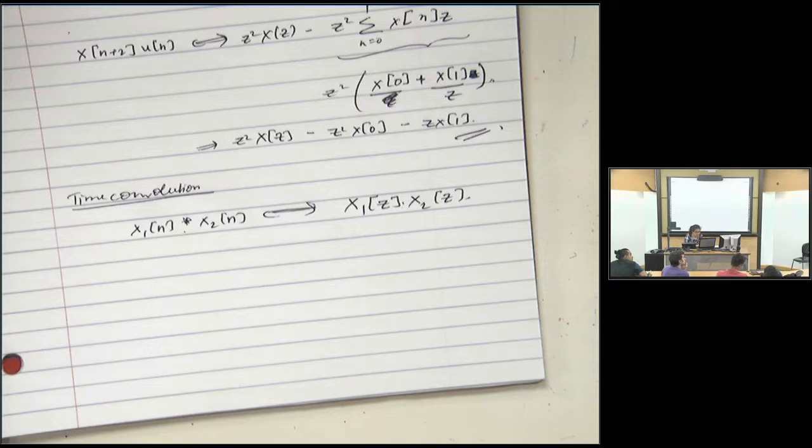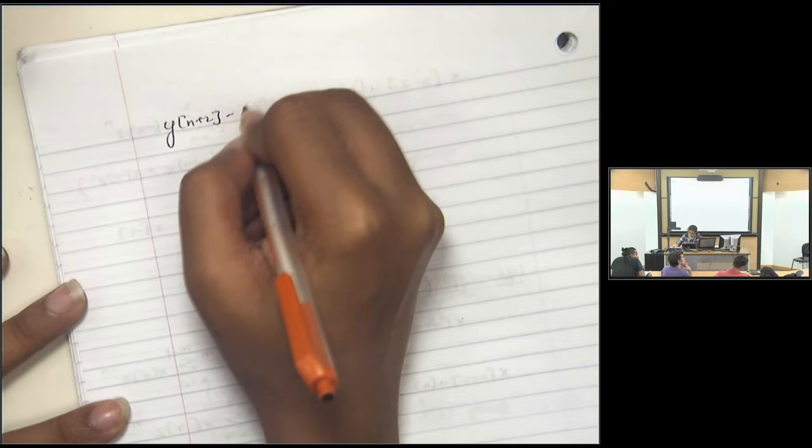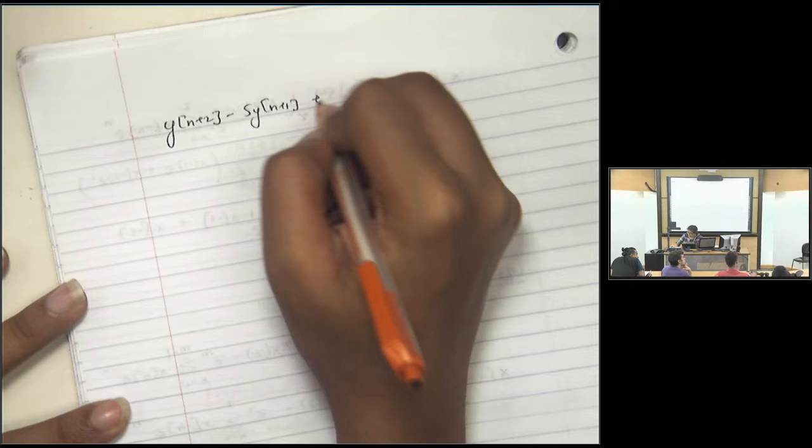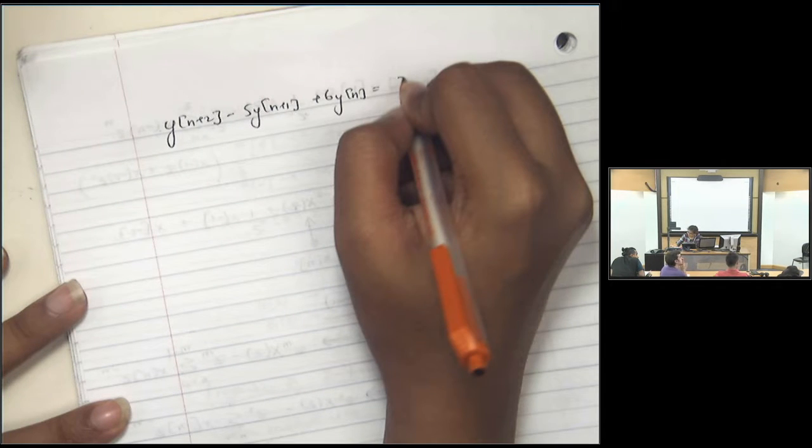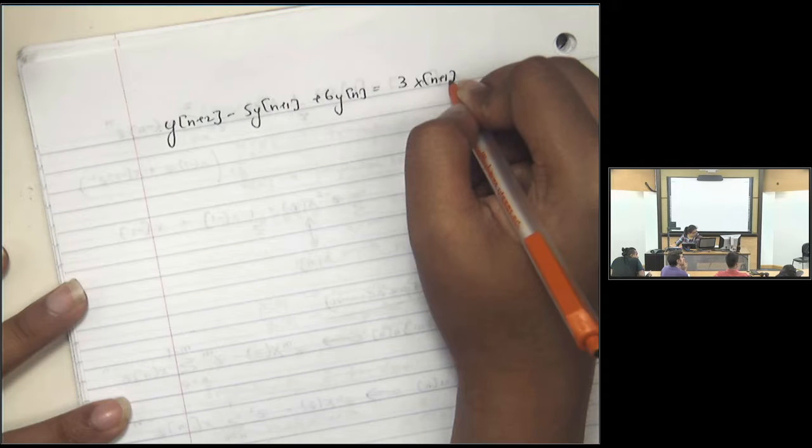Next, I'll just do an example quickly: solving difference equations. I think this was done in class. I'm not entirely sure. Okay, so the difference equation that we have is y of n plus 2 minus 5yn plus 1 plus 6yn equals 3x of n plus 1 plus 5x of n.